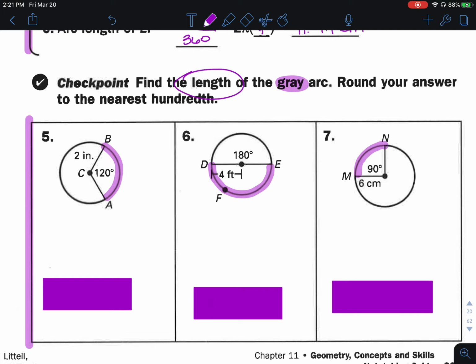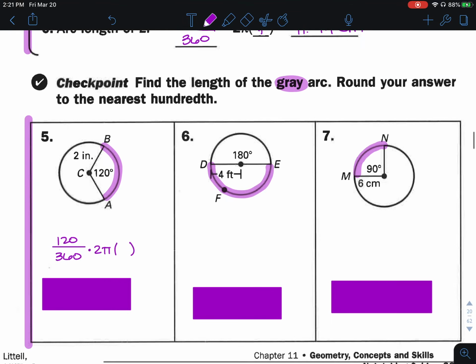So again, I want to find the length. We're using that formula that we learned for the arc length corollary. So it's something over 360 times 2 pi and my radius. So for number 5, that something is going to be 120 because that's the measure of my purple arc. So 120 divided by 360 times 2 pi.